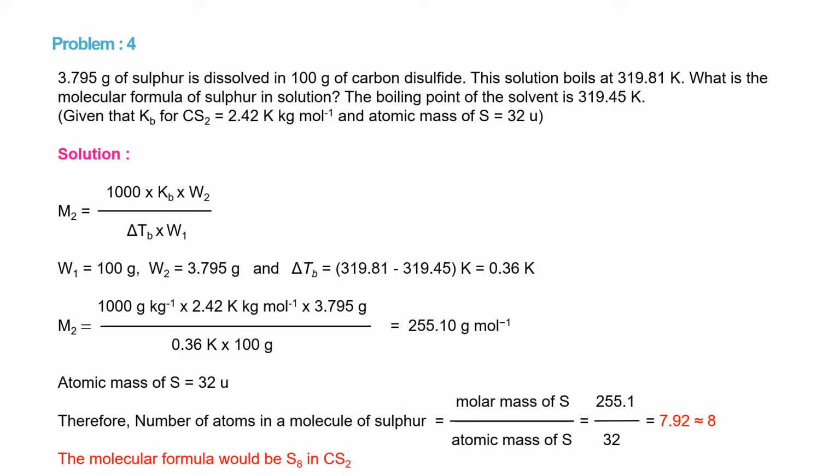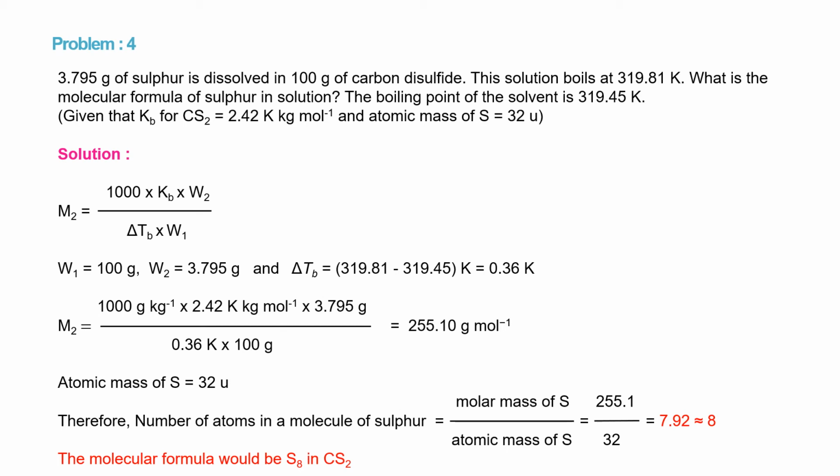Now, as we know, W1 is given to you, W2 is given to you, delta TB is given to you. Now you have to find out M2. So now what we do: M2 is equal to 1000 gram per kg into 2.42 Kelvin kg per mole, which is the ebullioscopic constant given to you, into 3.795 gram upon 0.36 Kelvin into 100.